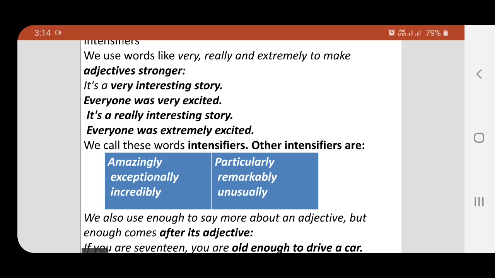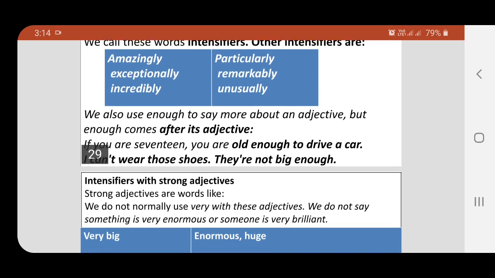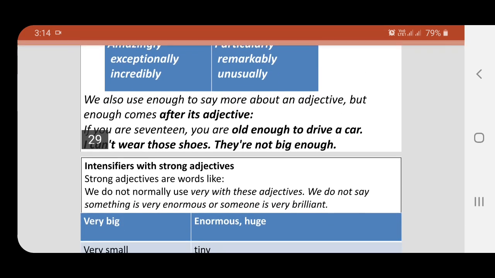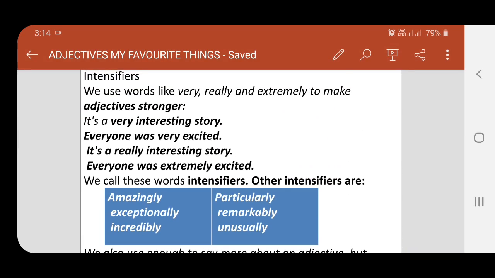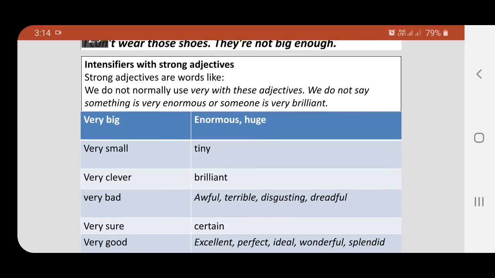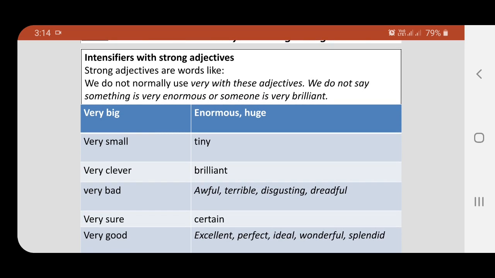See, we have intensifiers with very strong adjectives. For example, we do not normally use very with these adjectives.